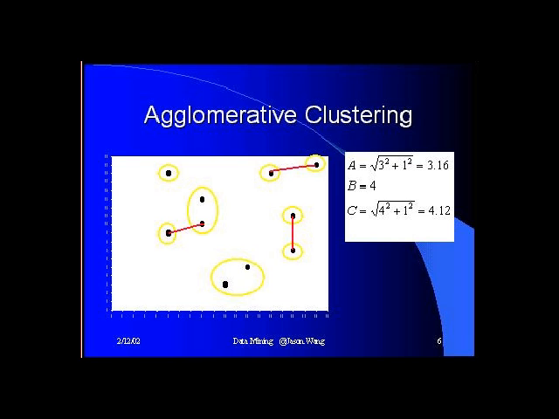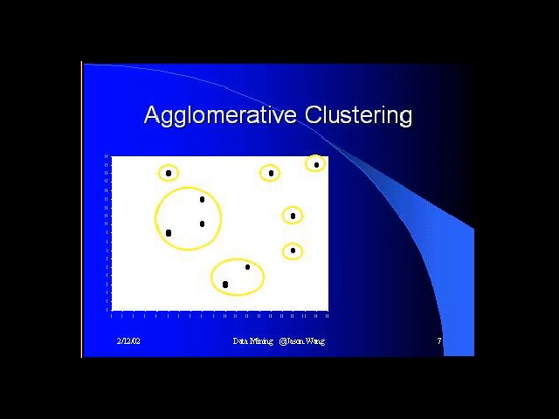So these two clusters are nearest among these current data clusters. So I merge them together. Okay, so now I have 7 clusters right now, and I keep on trying to merge 2 closest clusters. Any question? So this is pretty simple, right? Now again, I try to find some candidates.